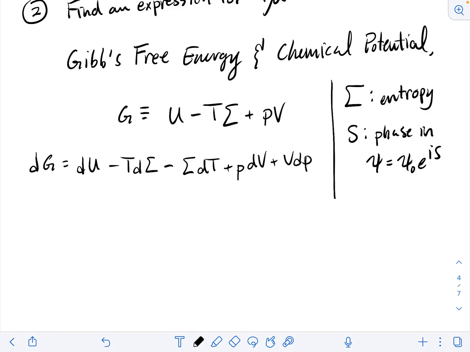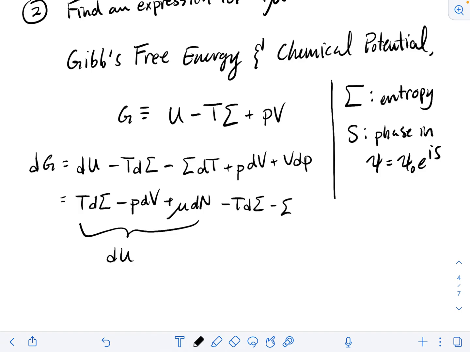Okay, and dU from the first law of thermodynamics is, usually we'd say T dS, but now we say T dSigma is the heat, dq, and then we have minus P dV is the mechanical work, and then plus mu dN is the chemical work. So this is all dU, and then we still have minus T dSigma minus Sigma dT plus P dV plus V dP.